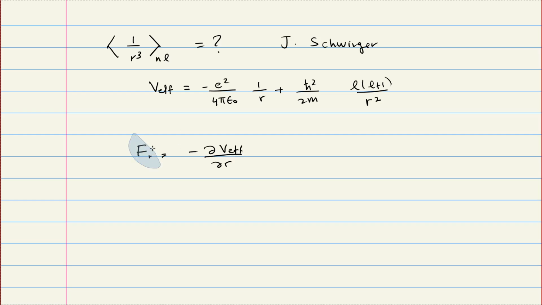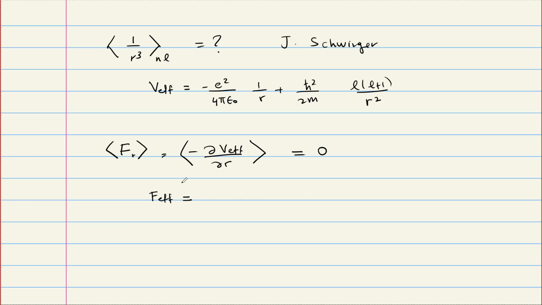And he considered the expectation value of this force in a stationary state. So what is the expectation value of force physically? We are in a stationary state. What should be the average force? 0, right? If it's not 0, it would not be a stationary state. So this should be 0. But the force F effective can be calculated.